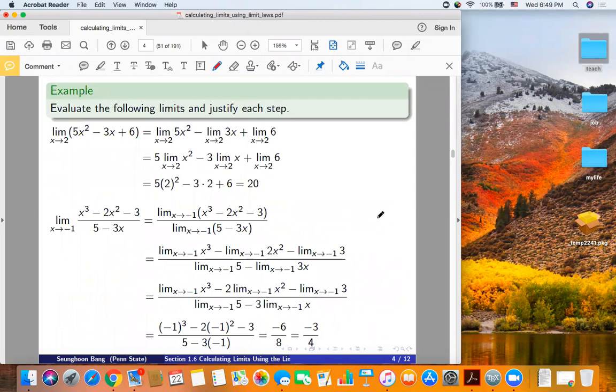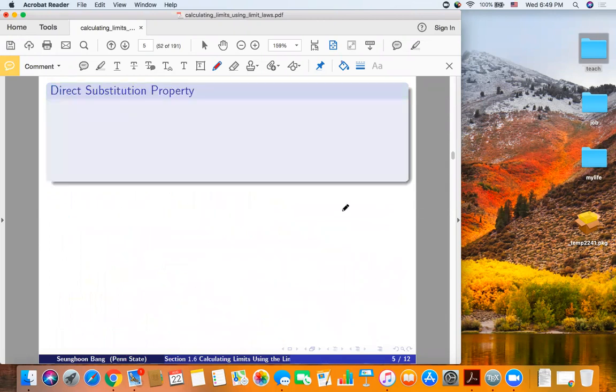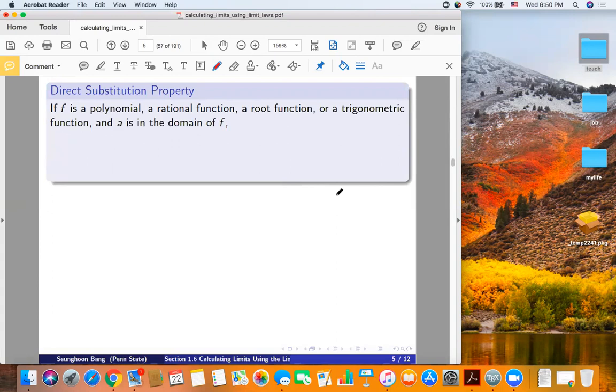So next one, the direct substitution property. If f is a polynomial, a rational function, a root function, or a trigonometric function, and a is in the domain of f, how can you find the limit of f of x as x approaches a?